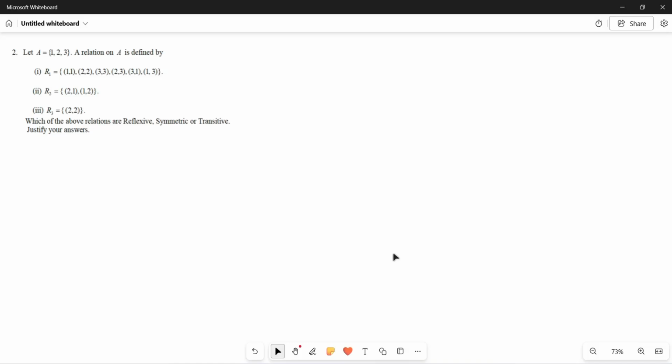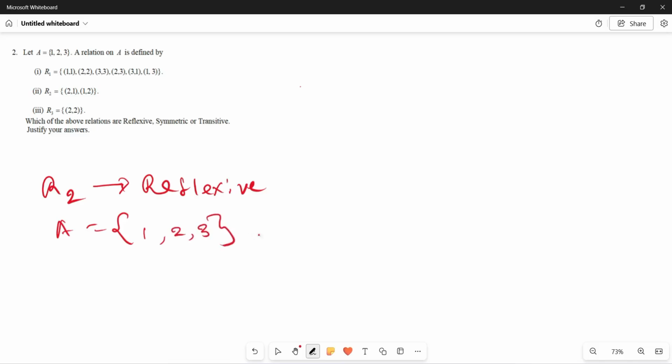If you want to say R2 is reflexive, what do you want to check? You want to check the given set, A equals 1 2 3.